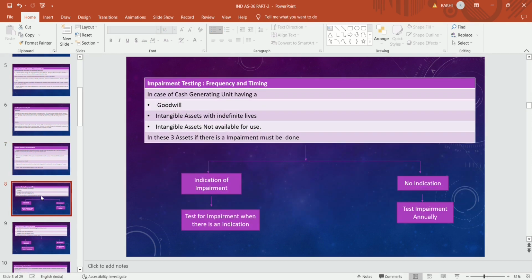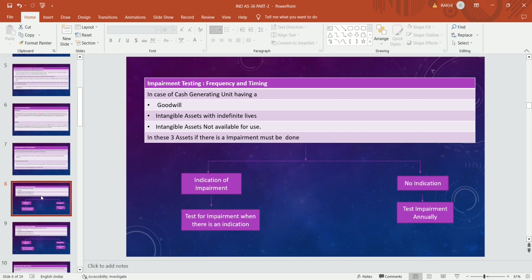Now, impairment testing, frequency and timing of goodwill. Frequency and timing: in the case of a cash generating unit having goodwill, intangible assets with indefinite lives and intangible assets not available for use, in all these three assets impairment testing must be done.